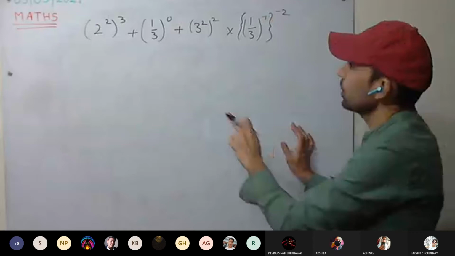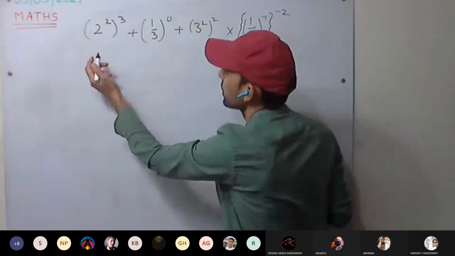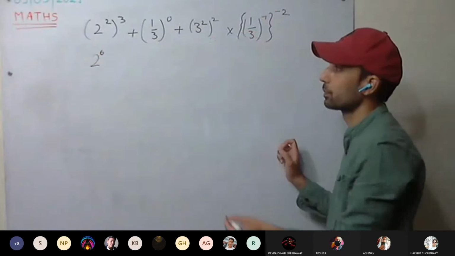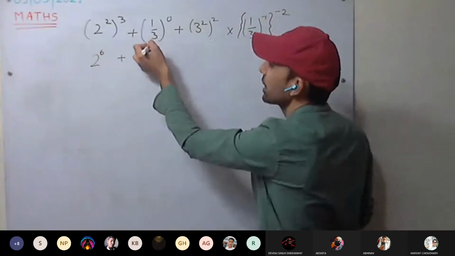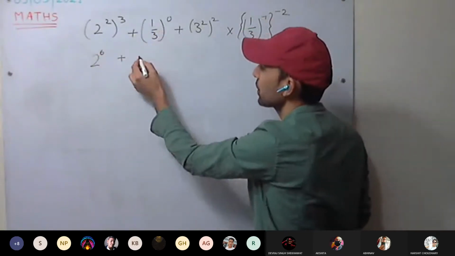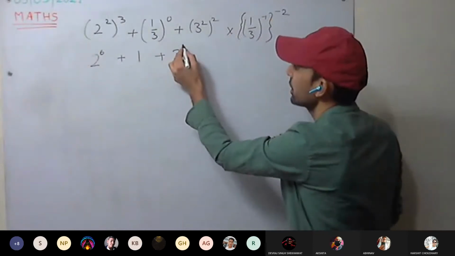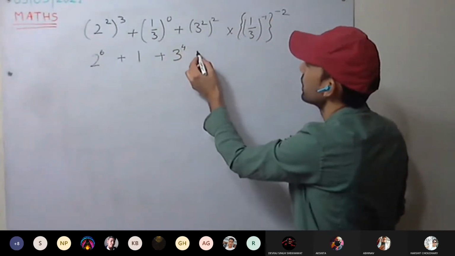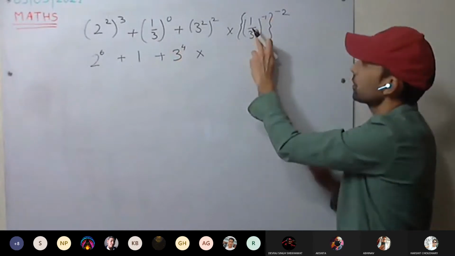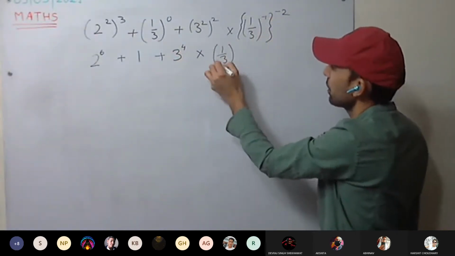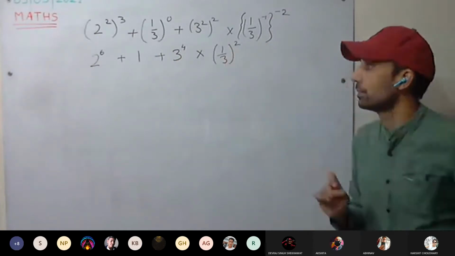So 2 square cube will be 2 raised to power 6 plus, whatever inside doesn't matter, if it is raised to power 0, it is 1, plus 3 raised to power 4 into 1 upon 3 raised to power 2.